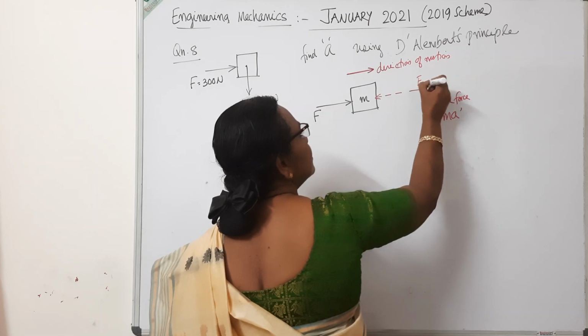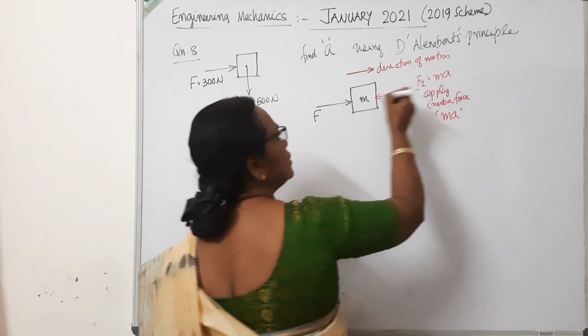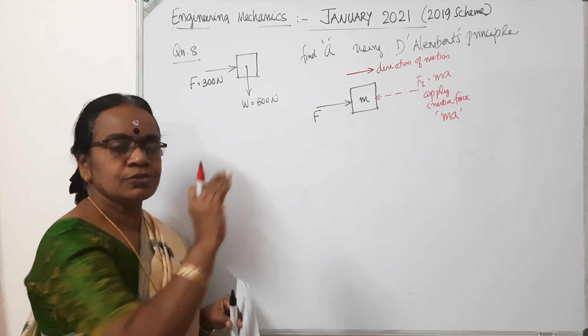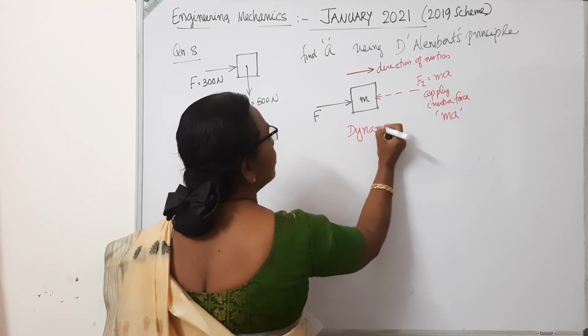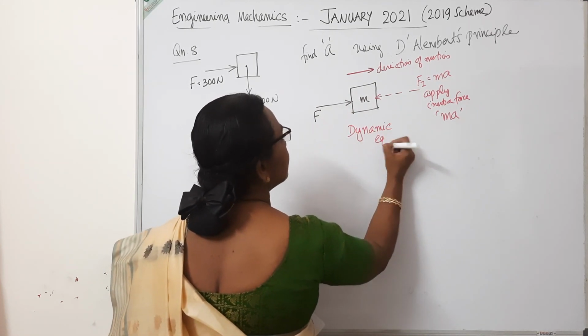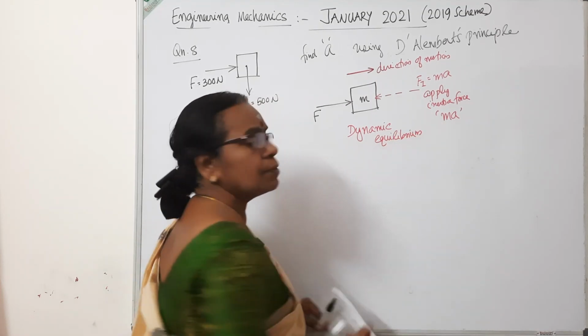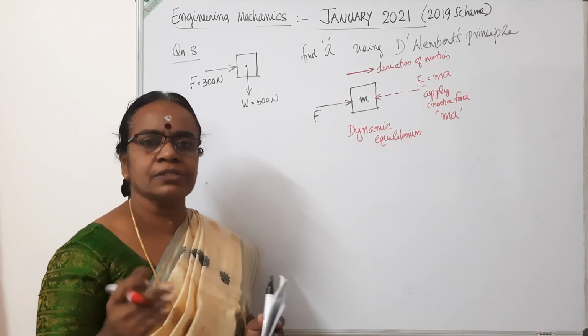We apply the inertia force which is numerically equal to m into a but opposite in direction, so that the body is now in dynamic equilibrium. We call the body is in dynamic equilibrium, so that we can apply all the principles of statics: sigma Fx equals 0, sigma Fy equals 0.